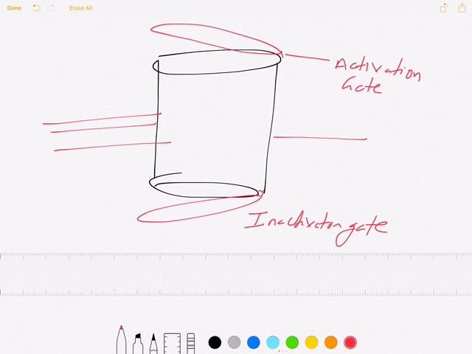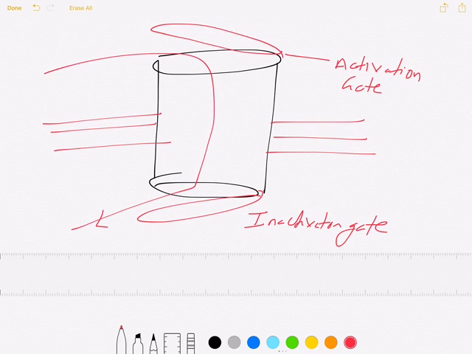Change in voltage or action potential opens up the activation gate and causes the net inflow of sodium. And at the same time closes the inactivation gate, so that there's a transient influx of sodium which stops after a certain millisecond because of closure of the inactivation gate.